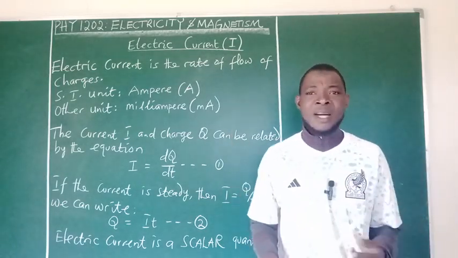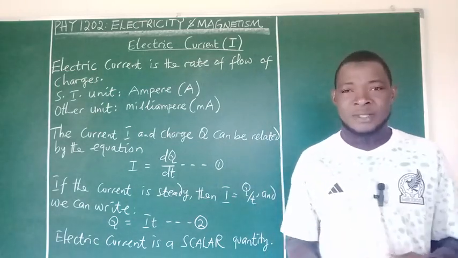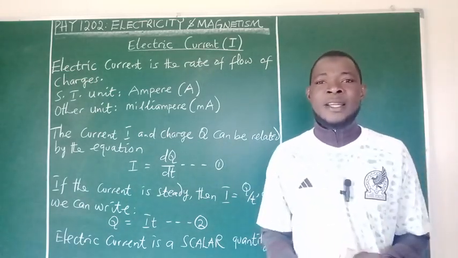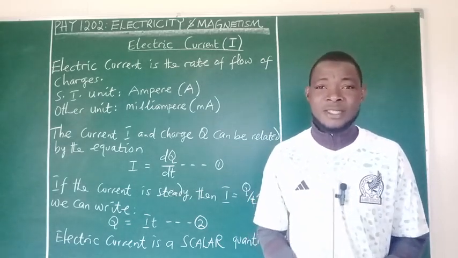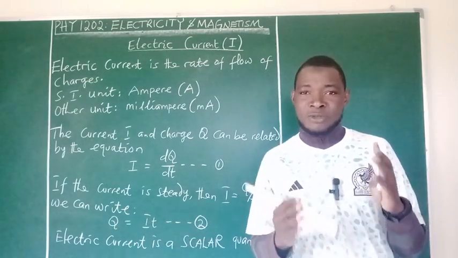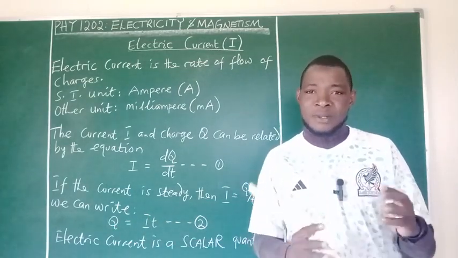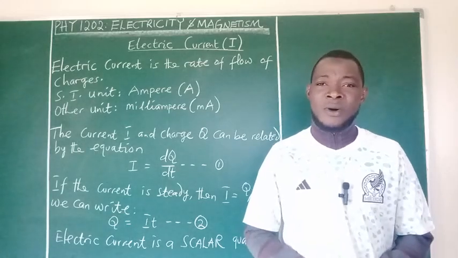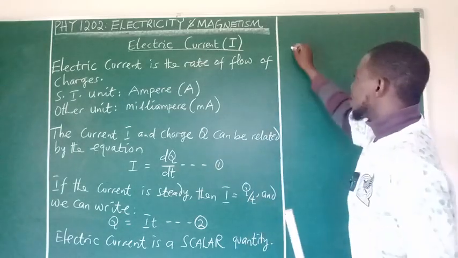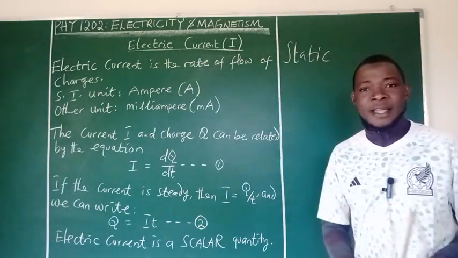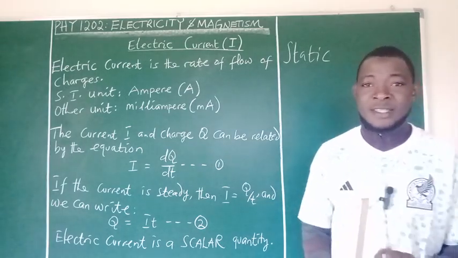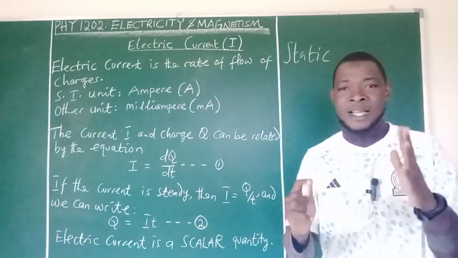First of all, as an introduction, you need to understand that in the study of electricity, we divide the study into two categories. The first category is static electricity, and this is when the charge carriers are not flowing, they are at rest.